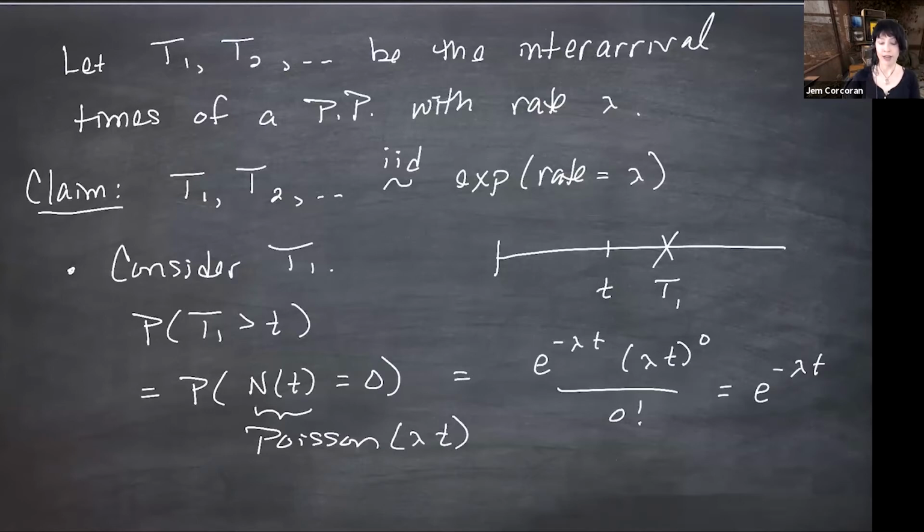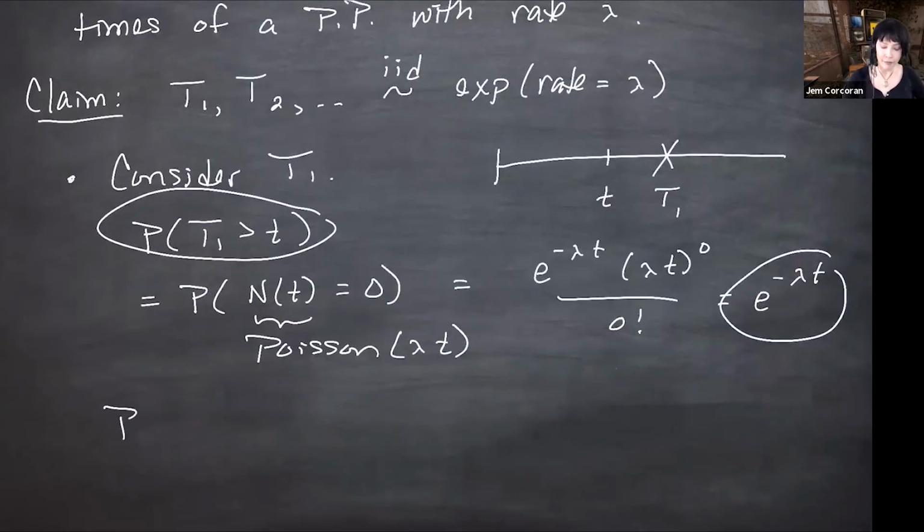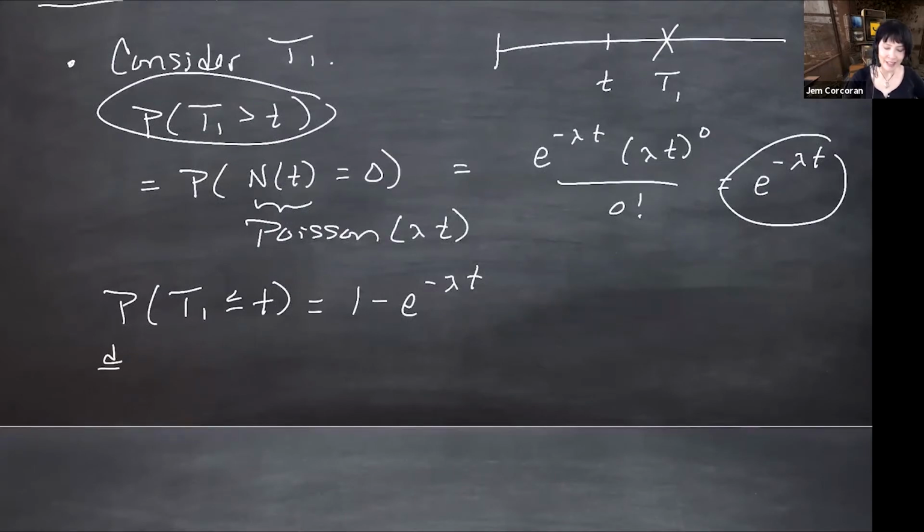If you recognize that as the tail probability for an exponential, you're done. If not, you can flip this around and do a little 1 minus on both sides. If you recognize that as the CDF of an exponential with rate lambda, you're done. But if not, you can take the derivative of both sides with respect to t.